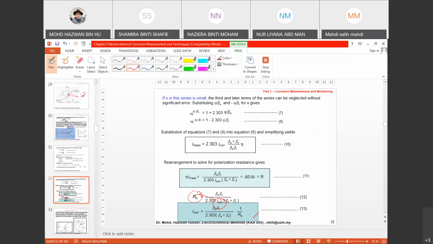I believe later on we will decide on our practical session, where you will calculate the I corr values when you have obtained your linear polarization data. So you can double check whether you get the same I corr value from PD and also from LPR.